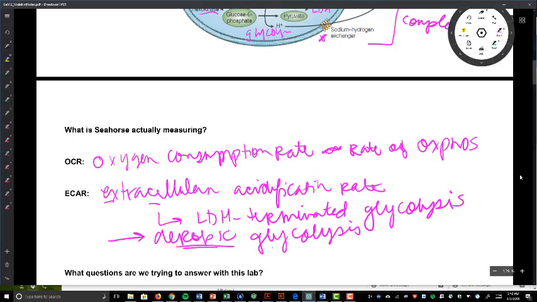But if we talk about glycolysis and glycolysis only, that's referring to glycolysis that ends with lactate production, and that's aerobic glycolysis, or glycolysis that ends in the LDH step, even though there is oxygen present.